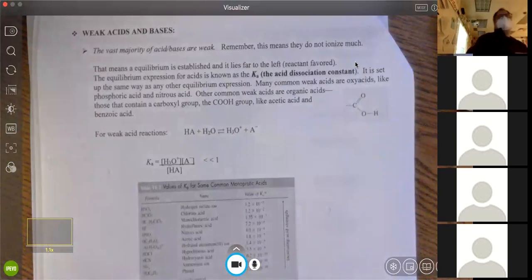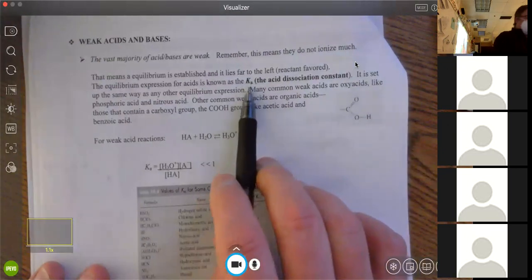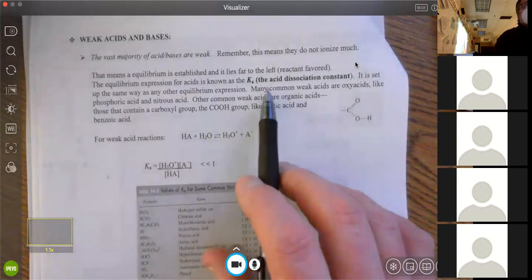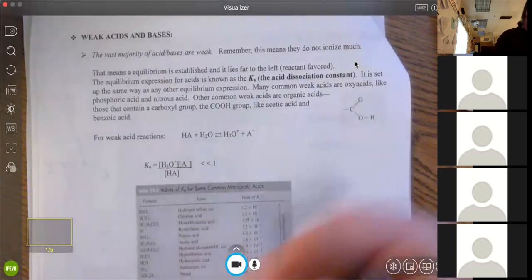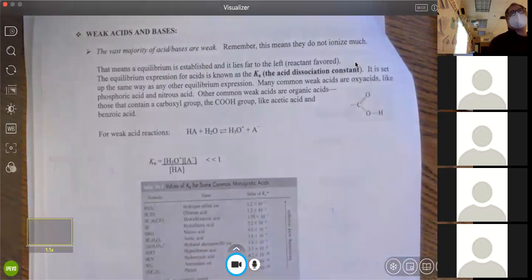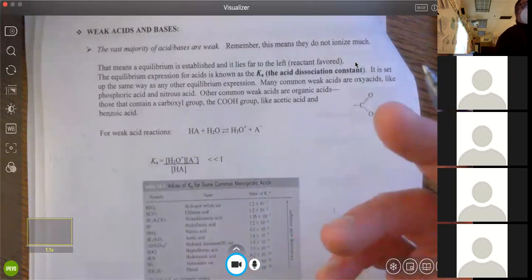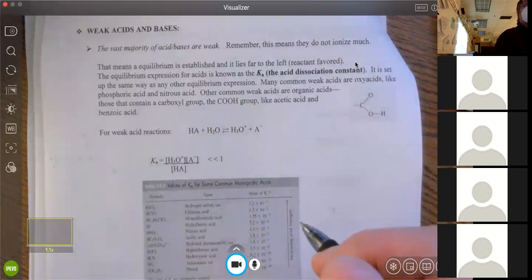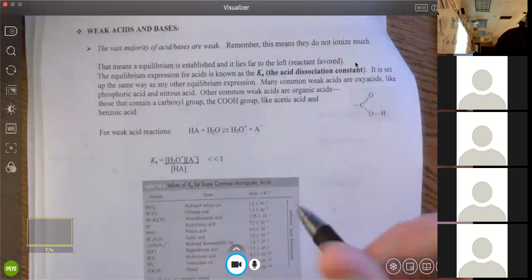Weak acids and weak bases are based on that Ka, or that equilibrium constant for the acid. Dissociation basically just means the separating of each other. Dissociating this H is what it refers to for an acid, and dissociating an OH off is what it would be for the base most of the time.